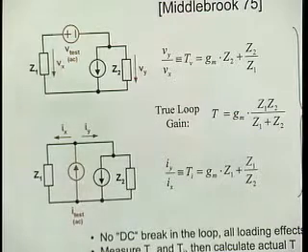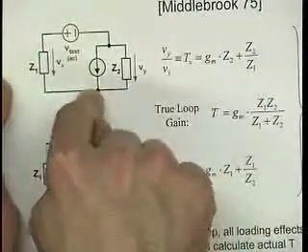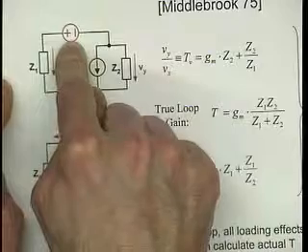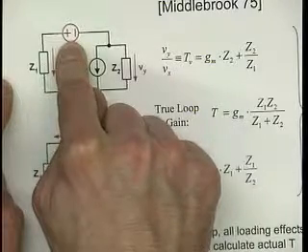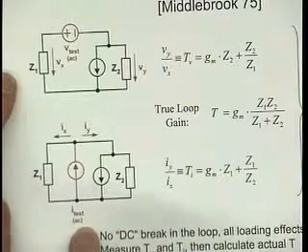I open the circuit there, and those two terminals I bring to the outside, and then I just run two analyses. One of them, this one here, where I put the voltage source across that breakpoint, and then I run a second analysis where I put the current source in.